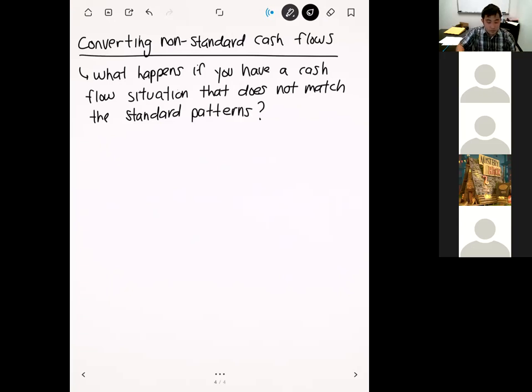Okay. In these situations, if you have a pattern that doesn't match the standard patterns, oftentimes you're going to have to perform more than one conversion.